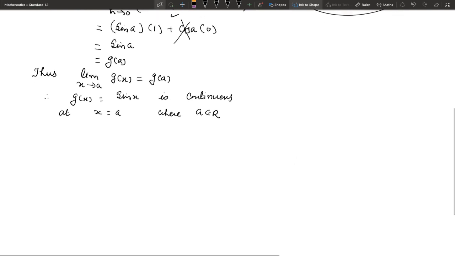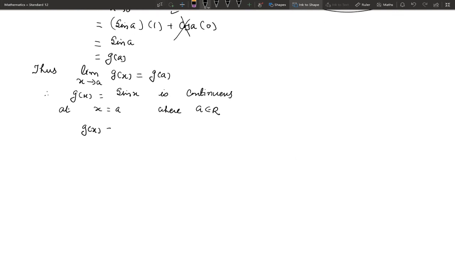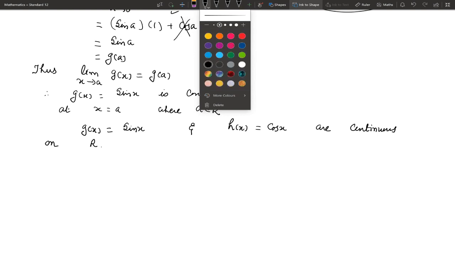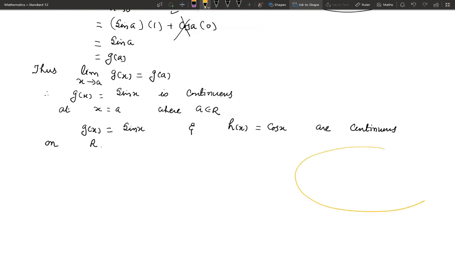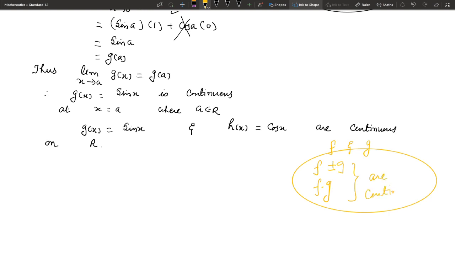Therefore g of x equal to sin x and h of x equal to cos x are continuous on R. So we know the property, if f and g are continuous, then f plus minus g and f into g are continuous.